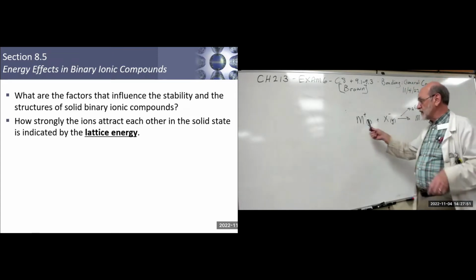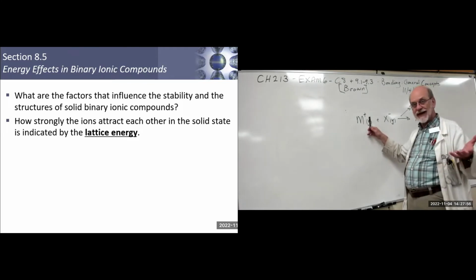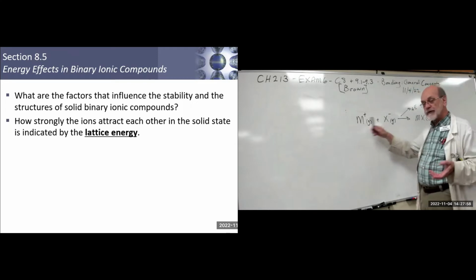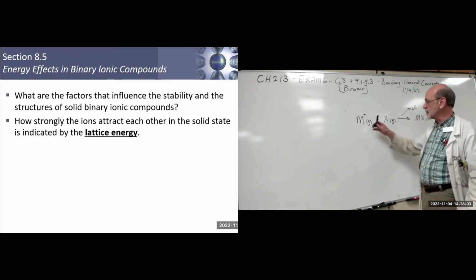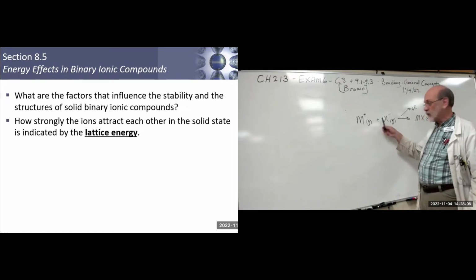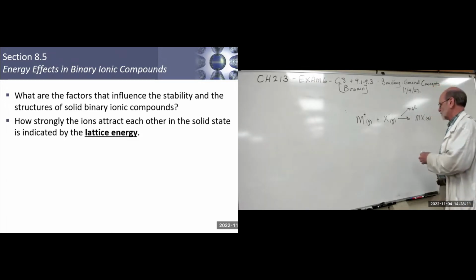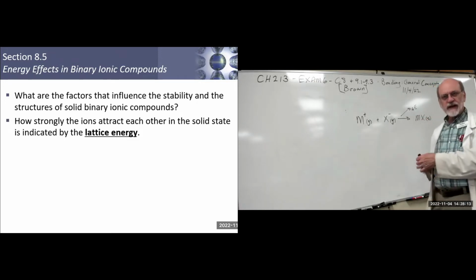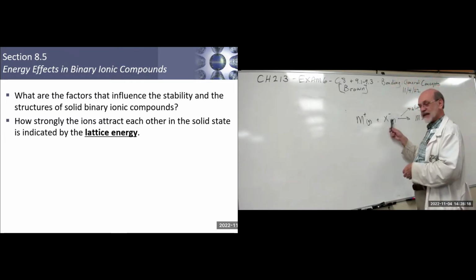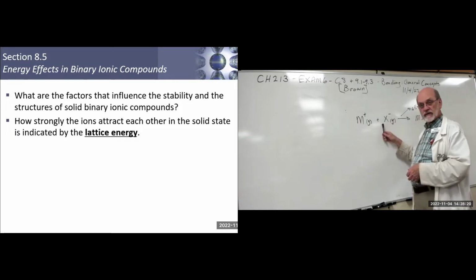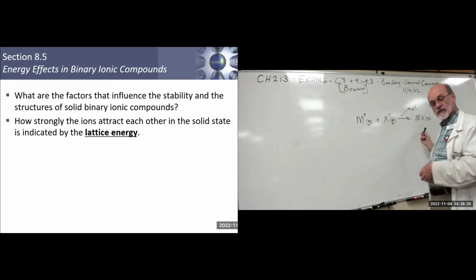Now, I drew this metal as a +1 charge, but it can be any positive charge, it doesn't matter. And then the coefficients would be introduced to balance the charges. So if this is a 2+ and that's a 1-, then we need a 2 in front of it. That's one condition. And then the formula would reflect that. So calcium chloride would be different. It would have Cl- gas with a 2 in front of it, and Ca2+ to give you calcium chloride.